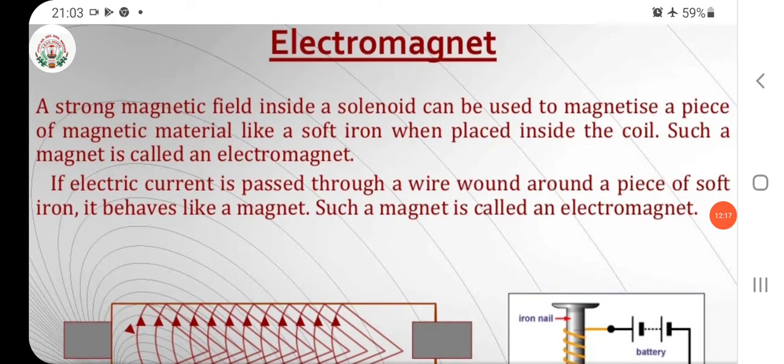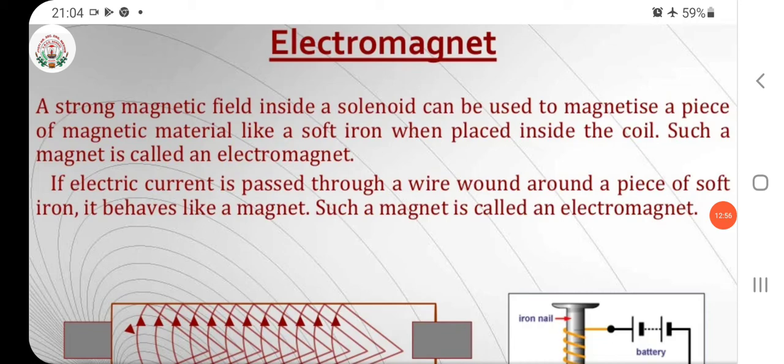Electromagnet means magnetized material like soft iron when it is placed inside the coil. Or we can say the magnetism produced by passing electricity through a substance becomes an electromagnet.